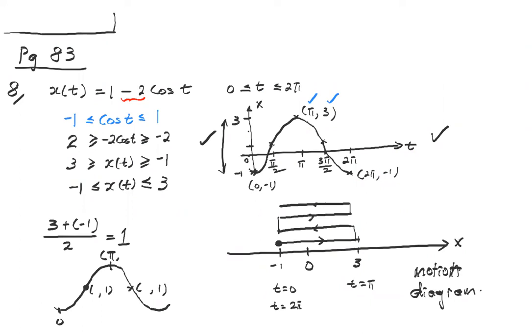So you can straight away write down the answer. You just say V(t) equal to 0, so t equal to pi. So therefore, x(pi) is equal to 3. So you answer the question.